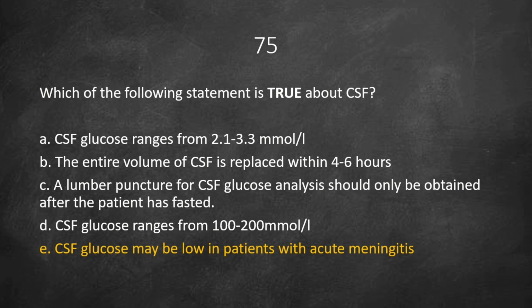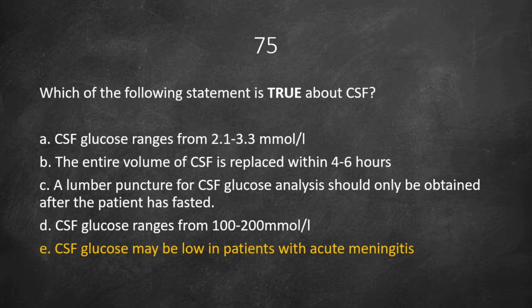This is incorrect. The CSF turnover rate is much slower. The total CSF volume, approximately 150 mLs, is typically replaced every 3 to 4 hours, but this does not imply complete replacement of the entire volume in the time frame.